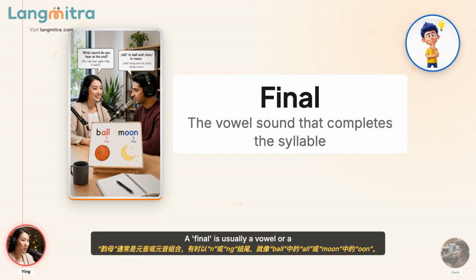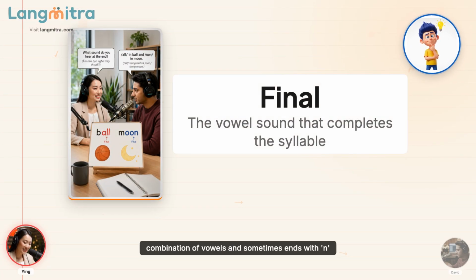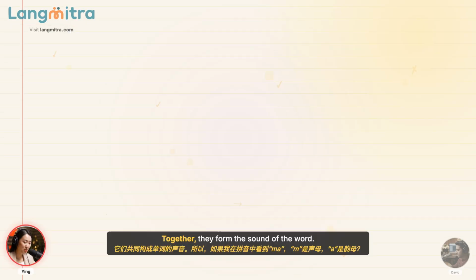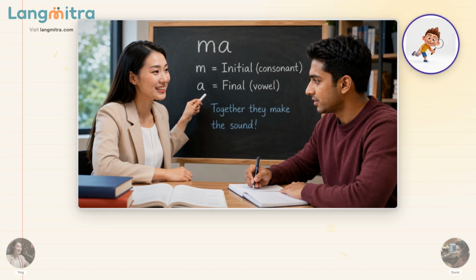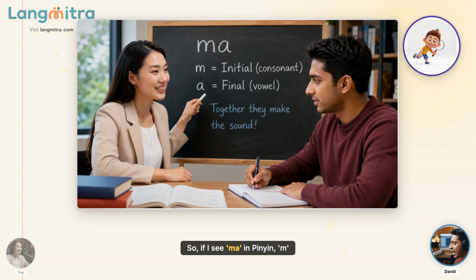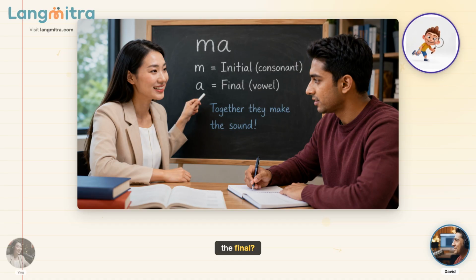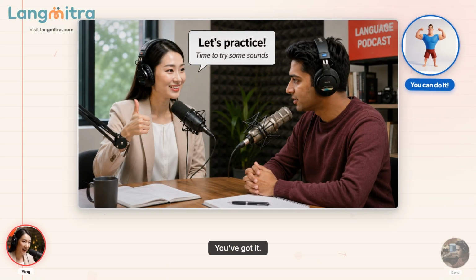A final is usually a vowel or a combination of vowels, and sometimes ends with n or ng, like the all in ball or un in moon. Together, they form the sound of the word. So if I see ma in pinyin, M would be the initial and A would be the final. Spot on, David. You've got it.